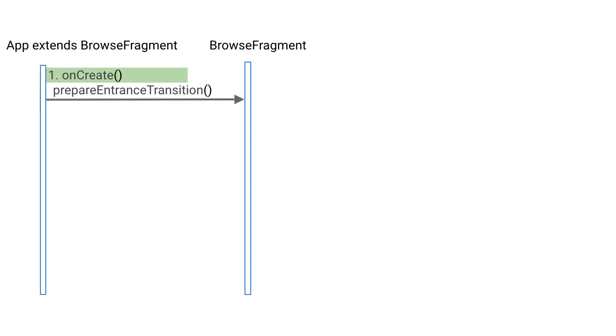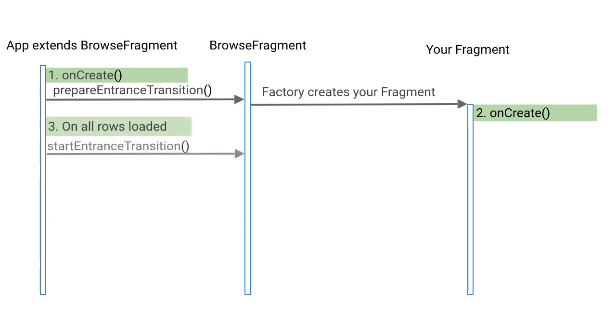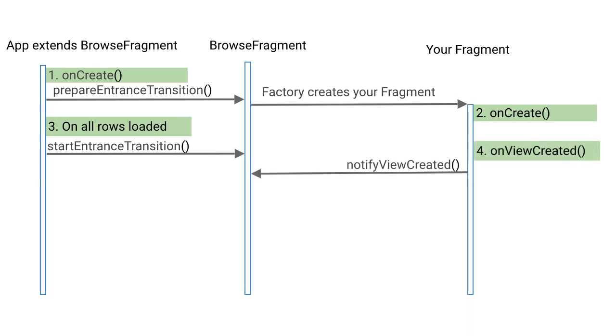Once it loads the page row, it will create your fragment from the factory. Next, once all the data inside the browse fragment is loaded, it calls start entrance transition. But we cannot start animation yet because your fragment is not ready. So browse fragment is waiting for your fragment to call notify view created.